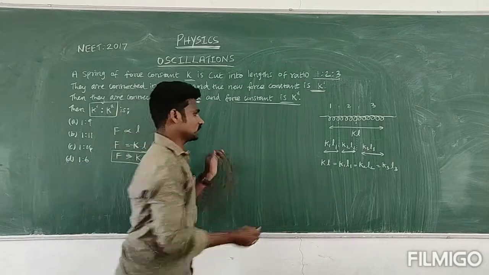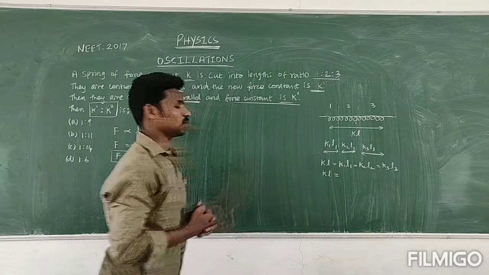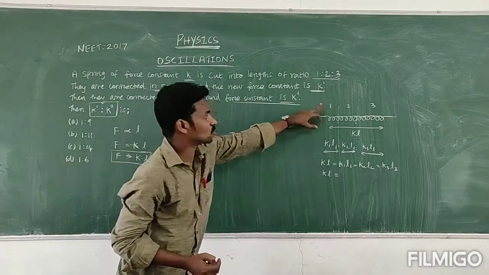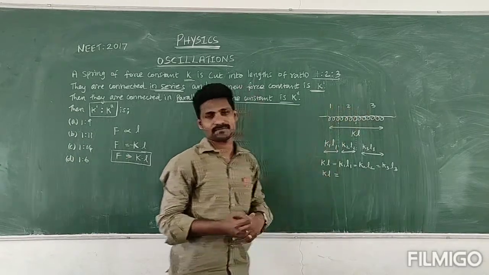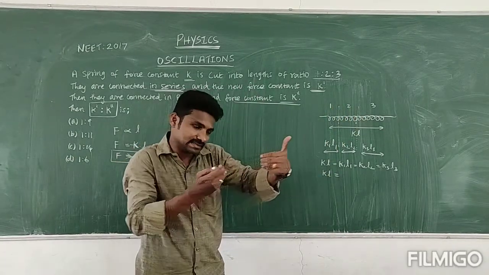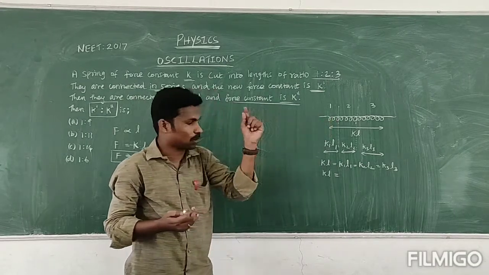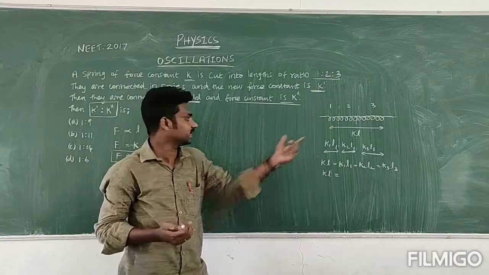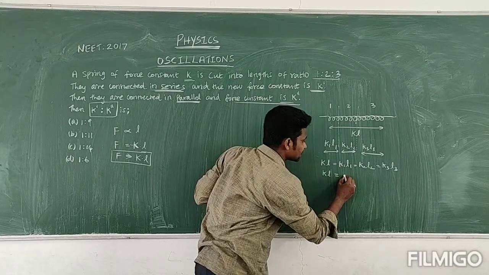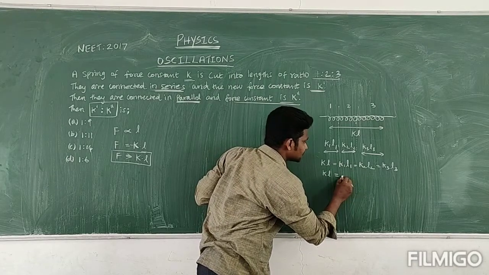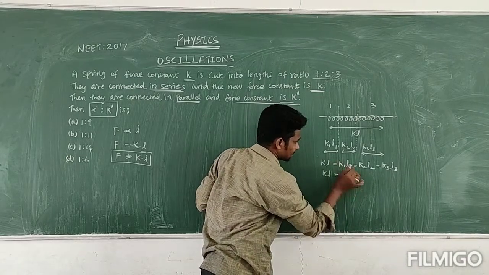So KL is equal to, now let's come to L1. The first ratio is 1 part, and totally 1 plus 2 plus 3 is 6. So in the total of 6 parts, only one piece is considered as L1.